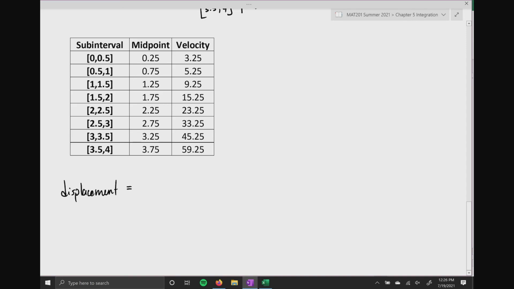Displacement is going to equal all of my rectangles added up. Okay.